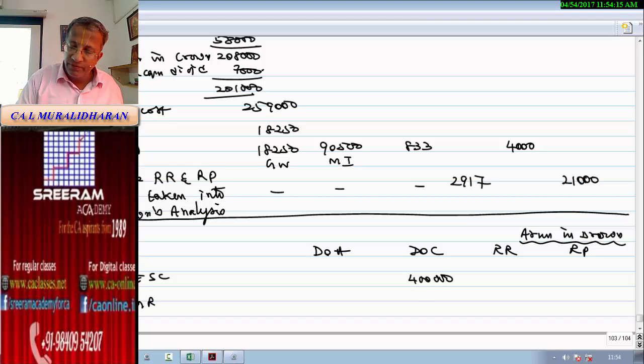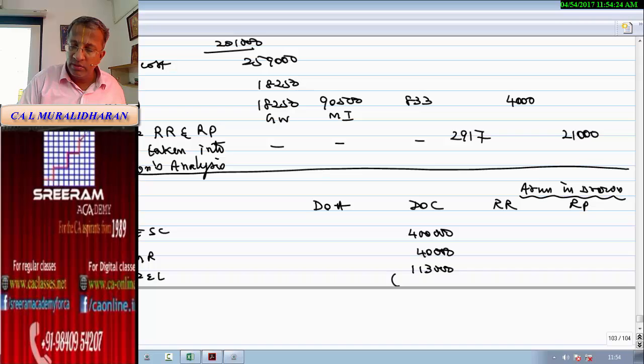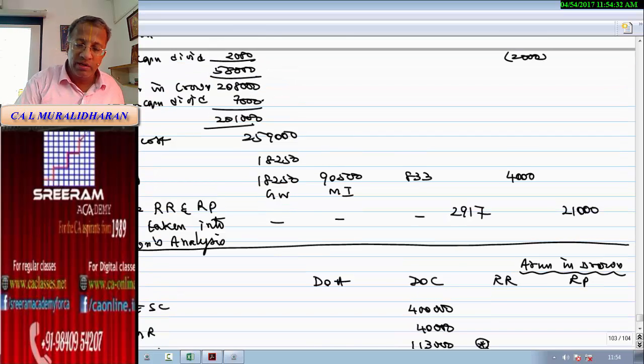General reserve, 40,000. P&L account, 1,13,000. Remember, it was 1,20,000 minus 7,000. This 7,000 we have deducted with a corresponding reduction from investments.